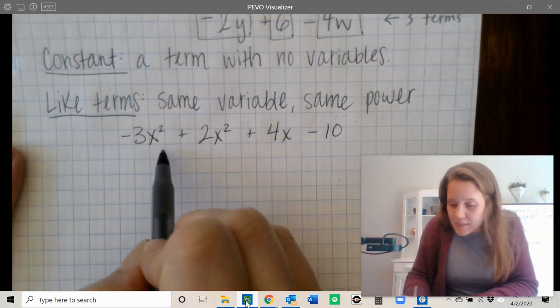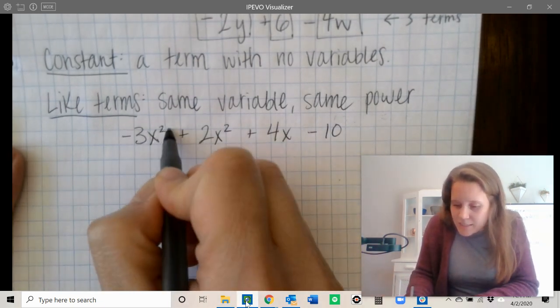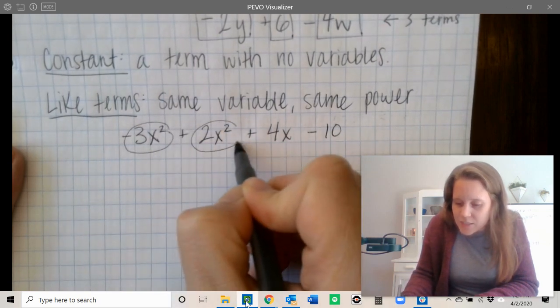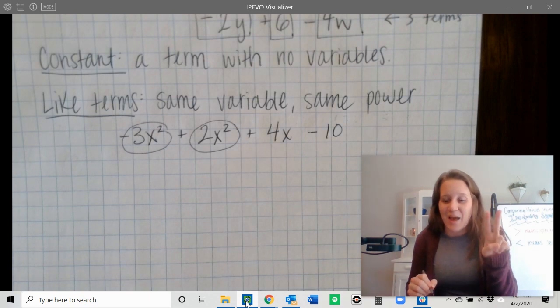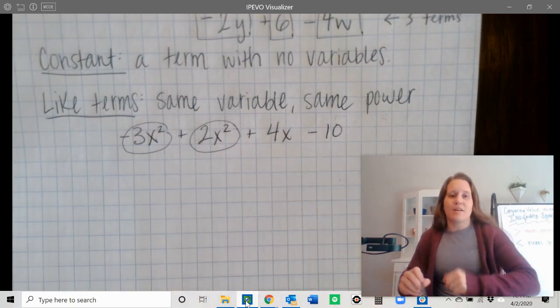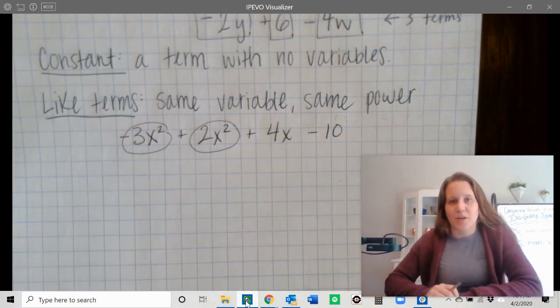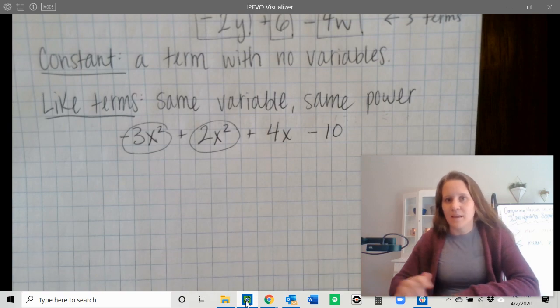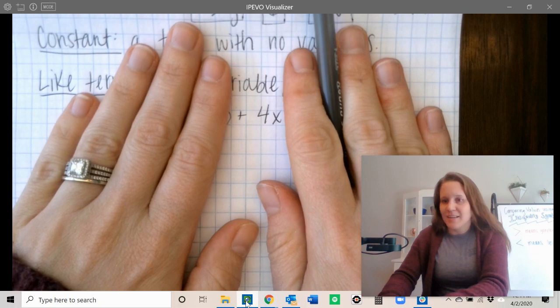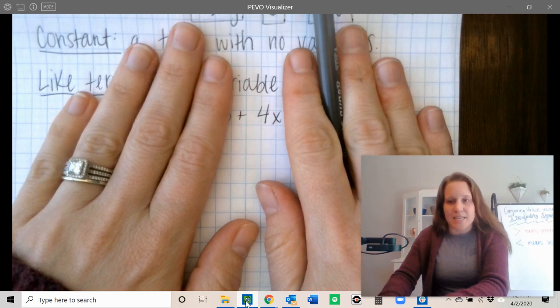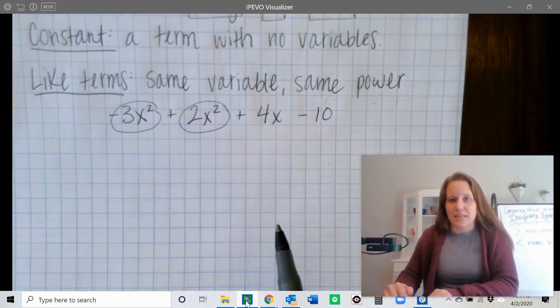Now I see that this term and this term have the same variable and the same power squared. There are no other terms that have the same variable and the same power. Another kind of term is just x, that's to the first power. It doesn't have any like terms in the expression, so I can't combine that one with anything.